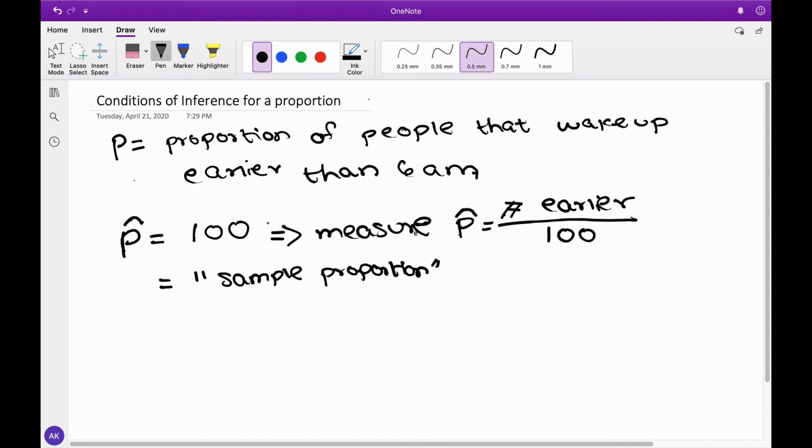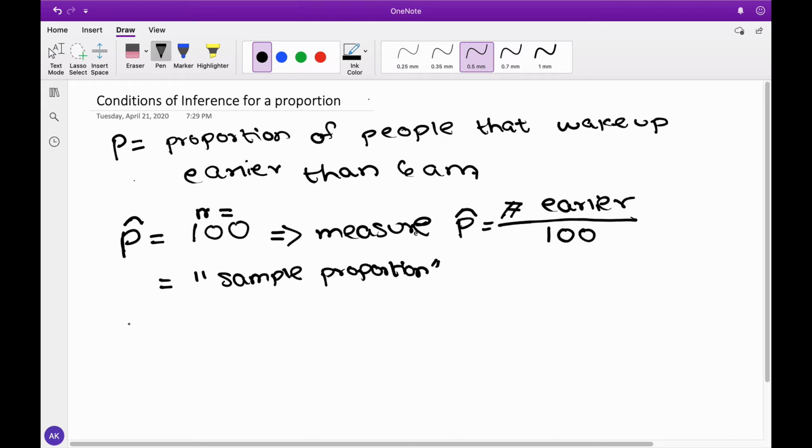Now, how can we infer about the population proportion with the sample proportion? Well, we can do so only in certain circumstances. For one, let's say we measured a sample proportion where n is equal to 100, but we only did it in a select geographic area. Then we couldn't trust that proportion because it doesn't represent everybody.